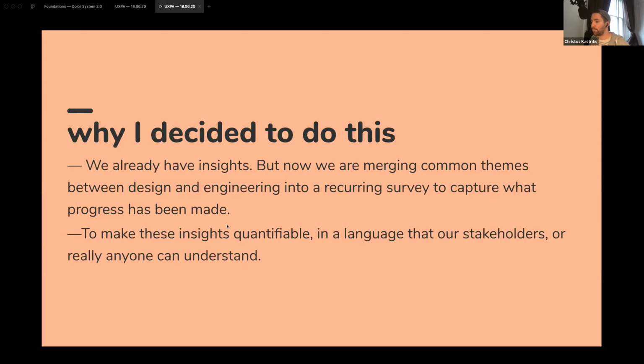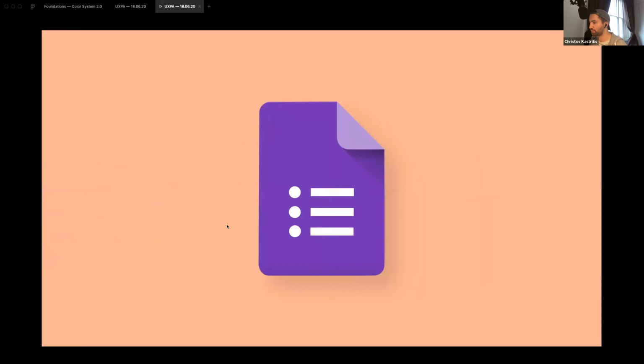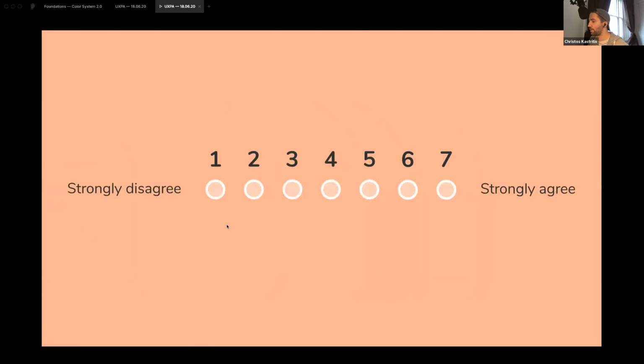And we really want to make these insights quantifiable in a language that our stakeholders, or really anyone, can understand. And so I set up a survey in Google Forms. Google Forms is really good because you can export that into a spreadsheet, and that saves a lot of heavy lifting. In terms of surveys, we focused on the usual: strongly disagree to strongly agree, ratings from 1 to 7.